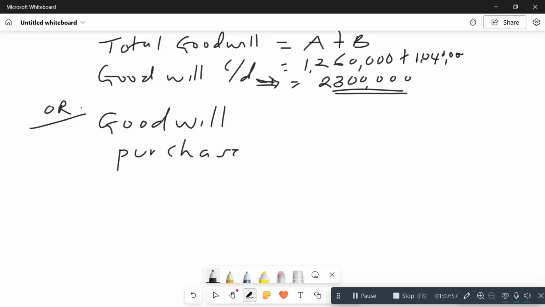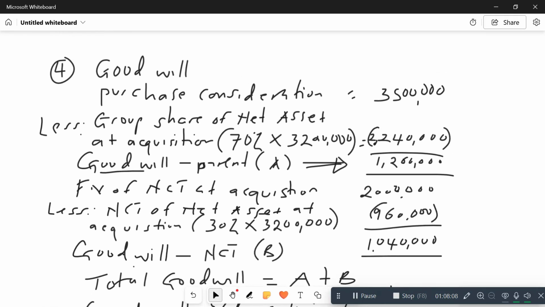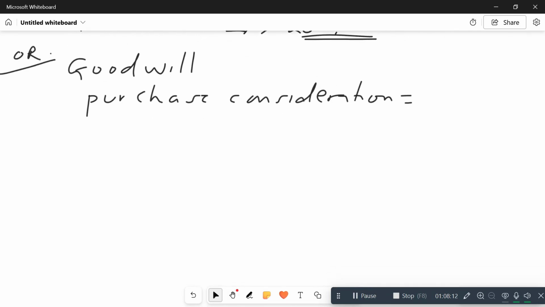Purchase consideration here was 3,500,000. So you can bring that purchase consideration, 3.5. This is another method if you are not familiar with it.